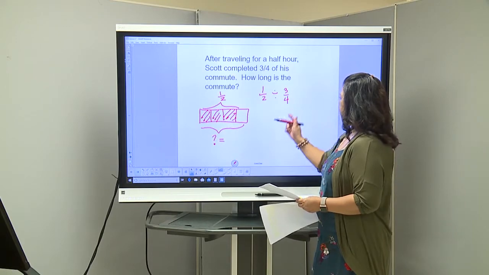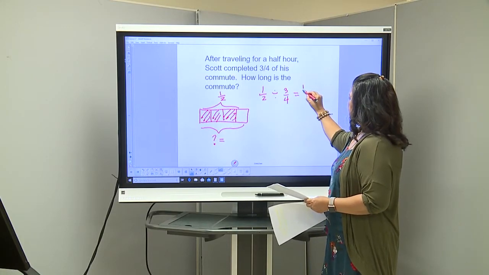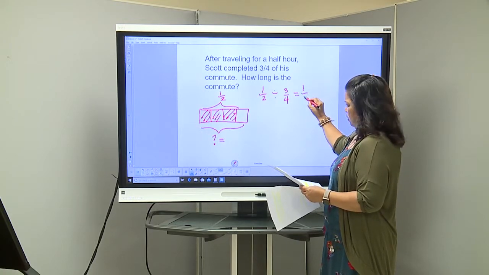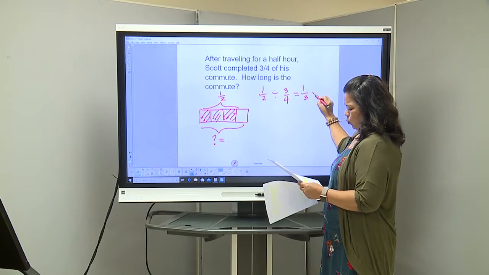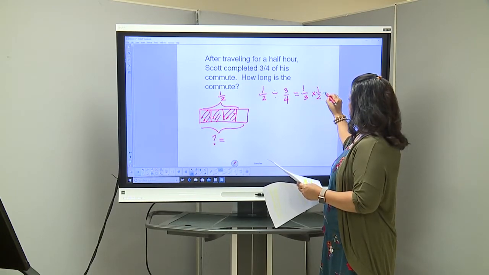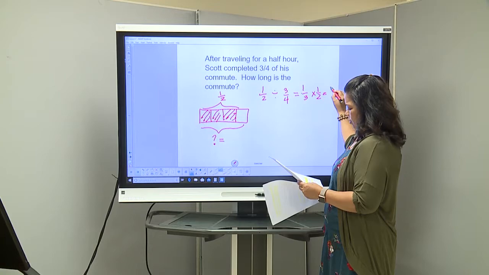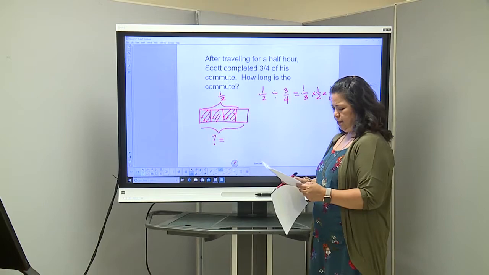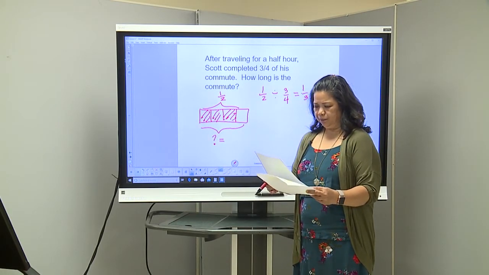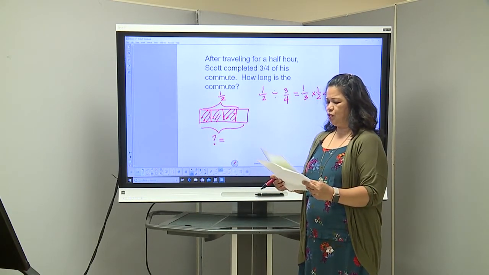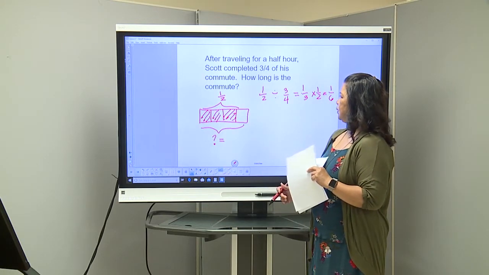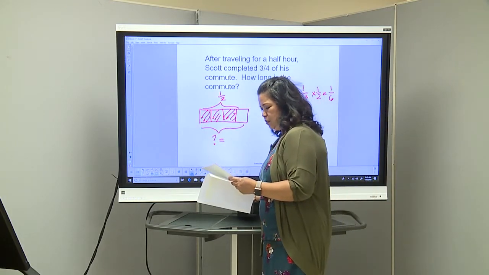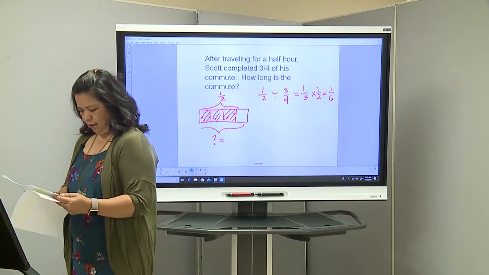So given that, remember, what's this? 1/3 of 1/2 equals 1/6. Okay, so there you go. 1/2 is 3/4 of what number? 1/6. So how long is the commute? The commute is 1/6.